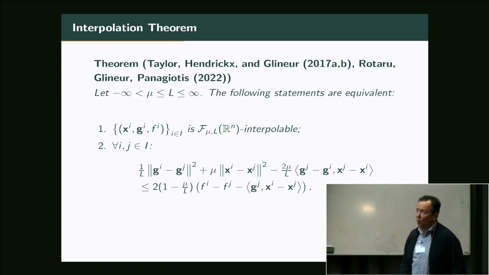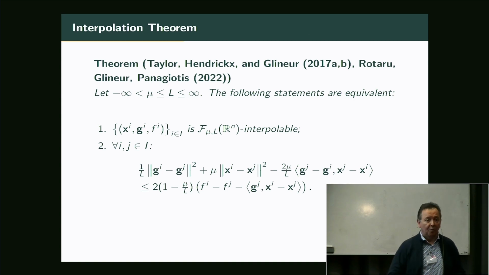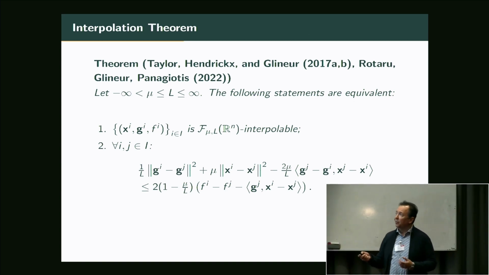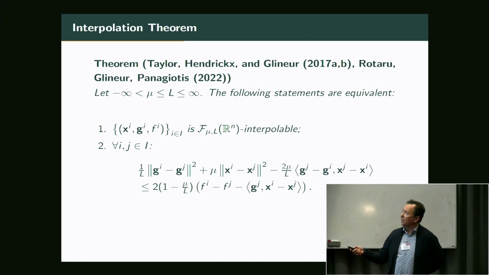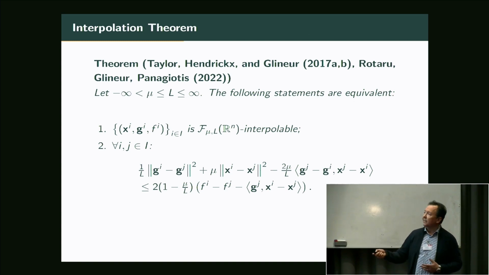So where does this inequality come from? Well, this just corresponds to a known inequality for hyperconvex functions. Just to make it a little bit easy for ourselves, if we think about convex functions, then mu is 0, so we lose this part here. And then if we just let L go to infinity, because the theorem is actually true also for L infinity, then everything on the left-hand side becomes 0.